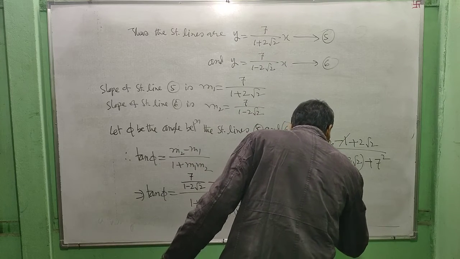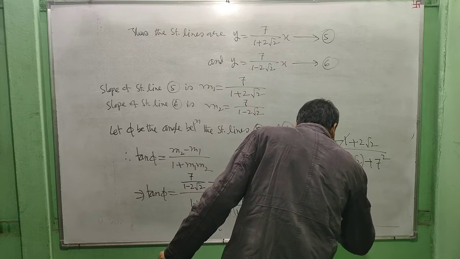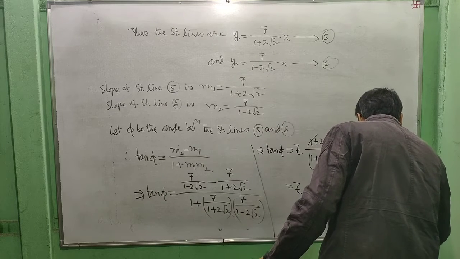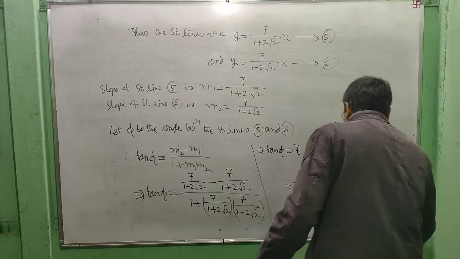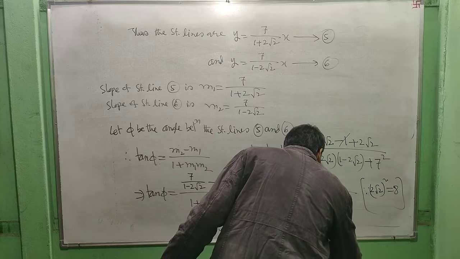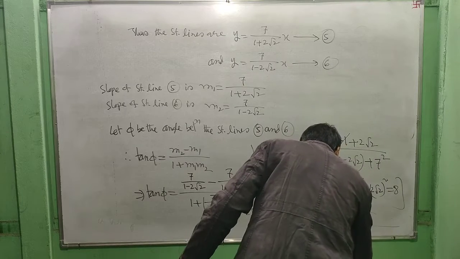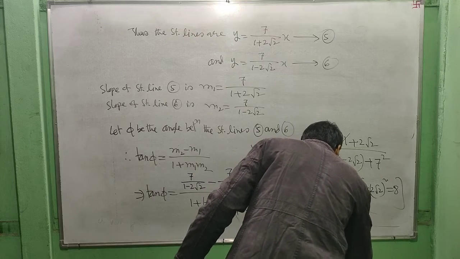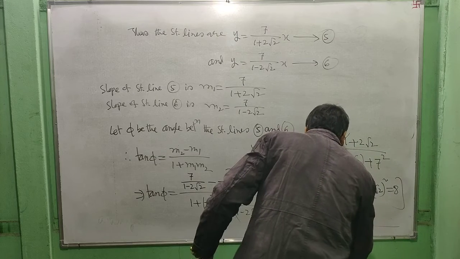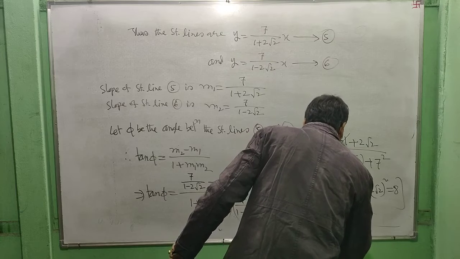1 minus 8, this is equal to 8 plus 49, since 2 root 2 whole square equal to 8. This is equal to 7 into 4 root 2 divided by 42. 7 into 4 root 2 over 42: this is 6, this is 2, this is 3.